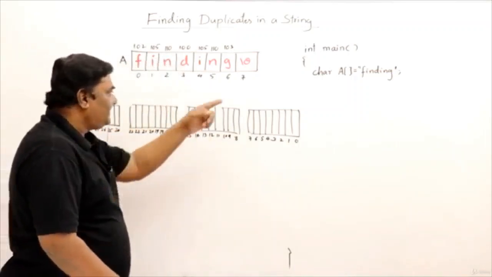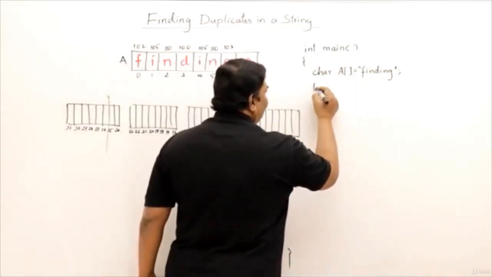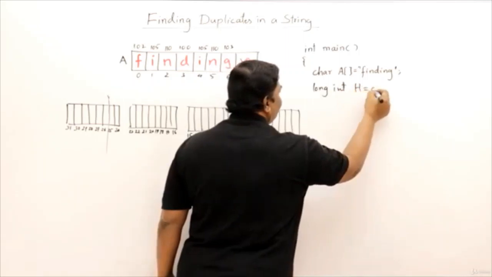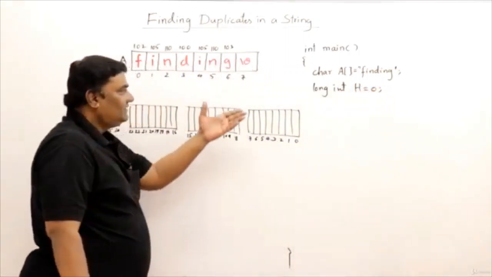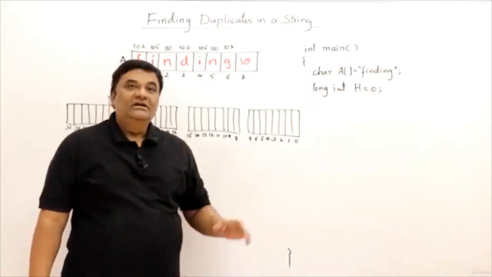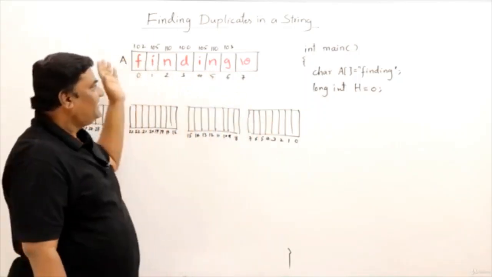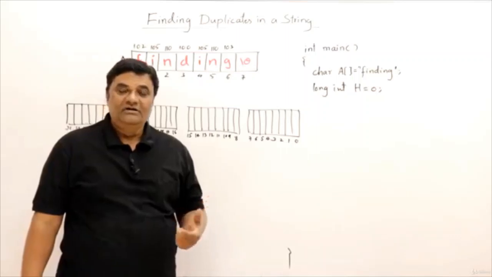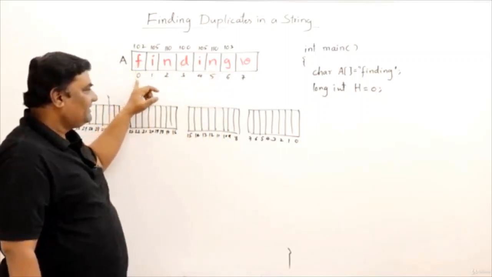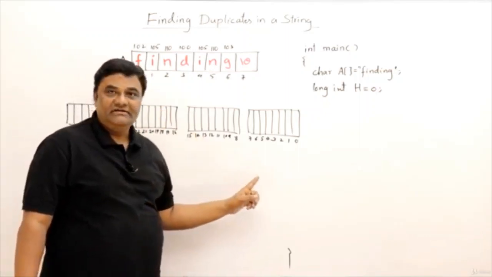For this, I will take one variable, long int h, initialized with 0. So all will be zeros. Now, I will use this for finding duplicates. How? I will scan through a string. For every alphabet, I will set the bit on here.